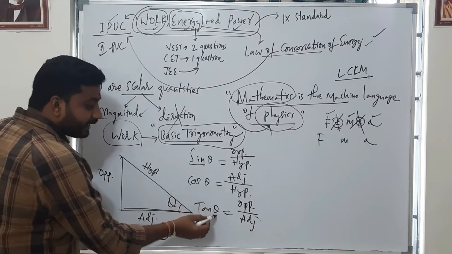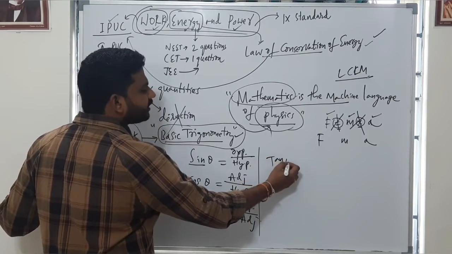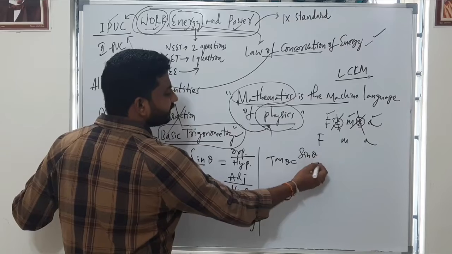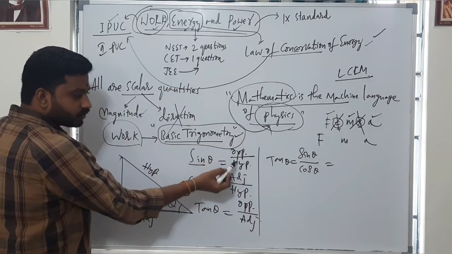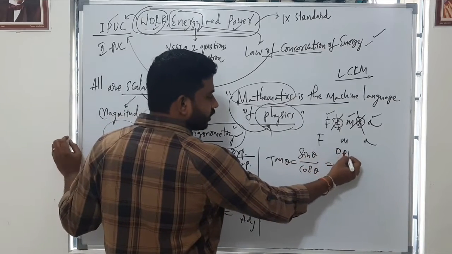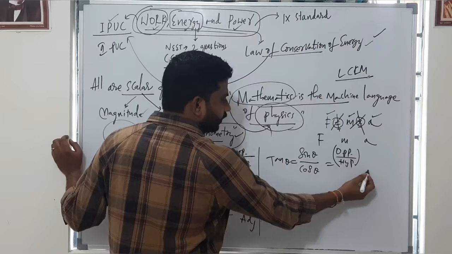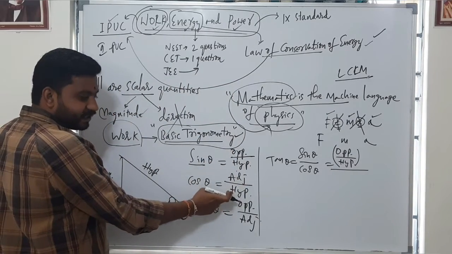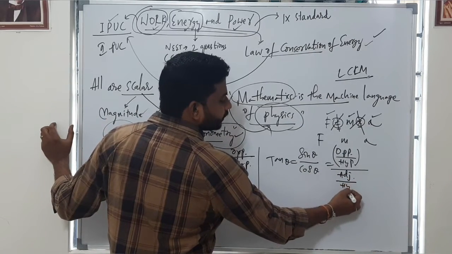The same tan angle I can also write as tan theta is equal to sine theta divided by cos theta. Sine theta is opposite side by hypotenuse; this is the numerator, and the denominator is cos theta. Cos theta is adjacent side by hypotenuse.